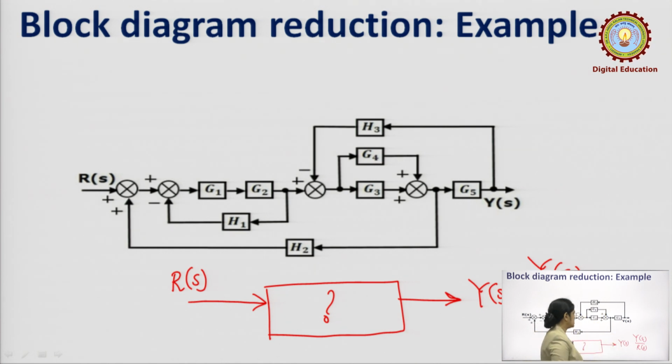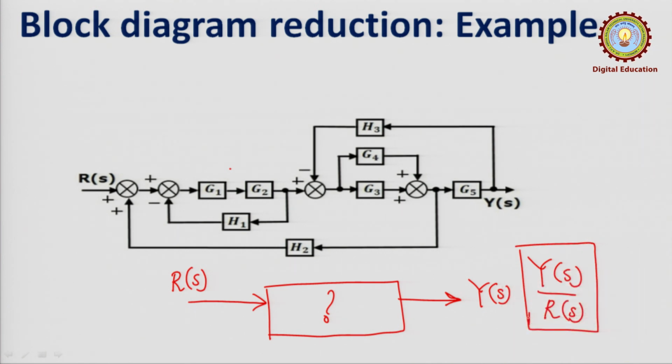It could be different elements of one big system which are connected to get the desired response. This is the transfer function which we need to get.